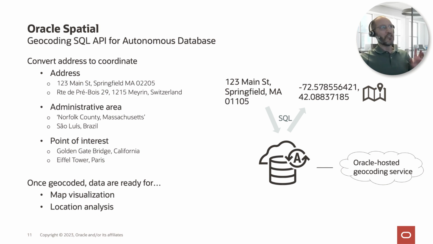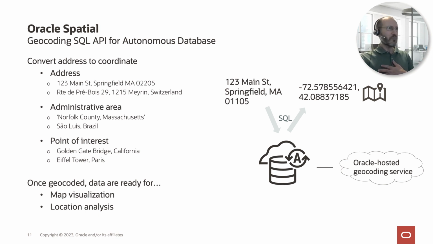Instead, address geocoding in Autonomous Database takes advantage of a behind-the-scenes hosted service that Oracle maintains for Oracle applications to use, and there are several others that use that capability. Autonomous Database has now joined that list.